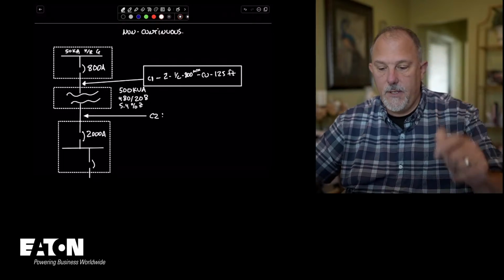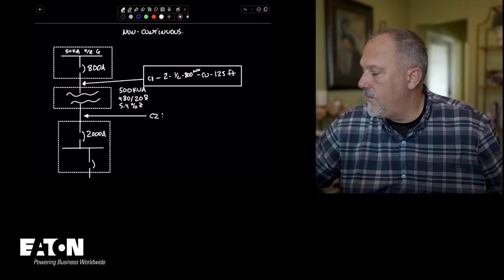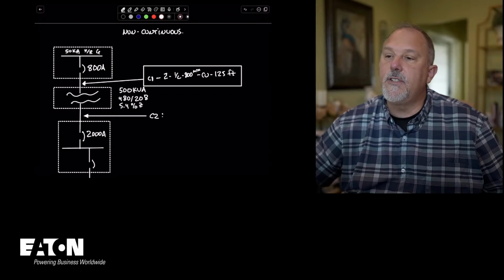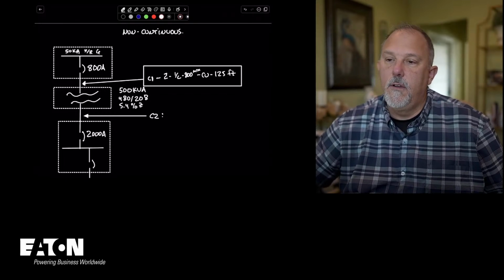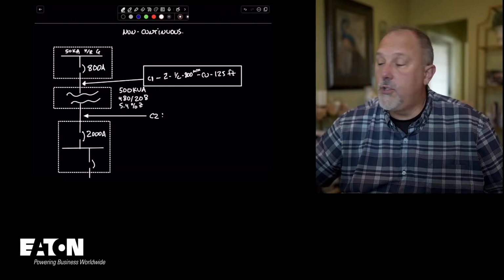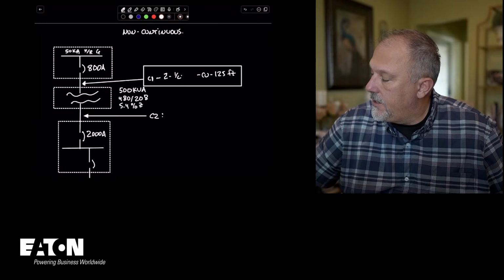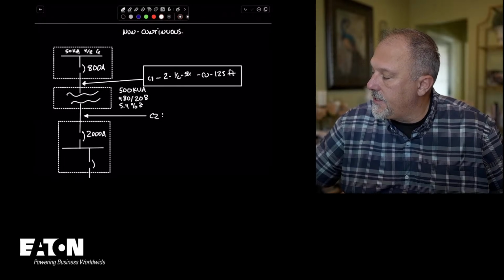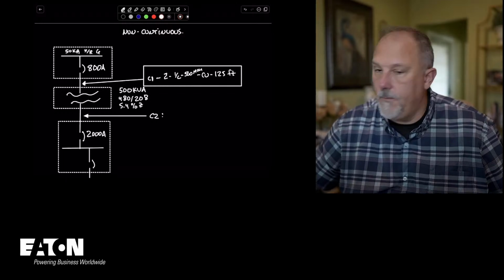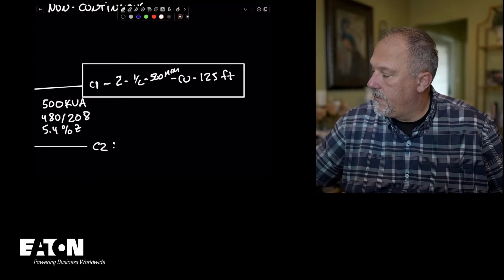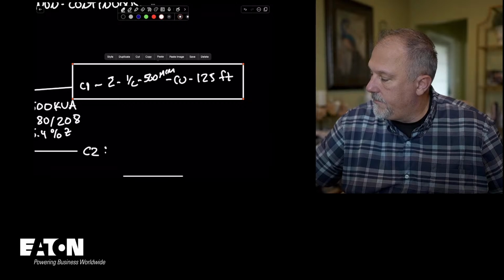David, you got it. 2 sets of 500 CU. Ooh, 2 sets of, I like 500. Yes. 2 single conductor 500 MCM copper. Let me delete this.